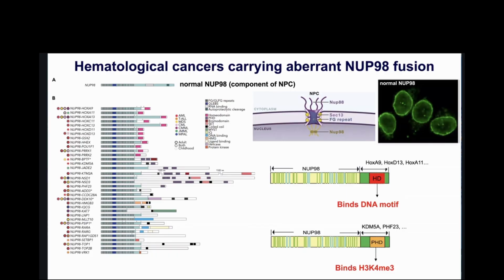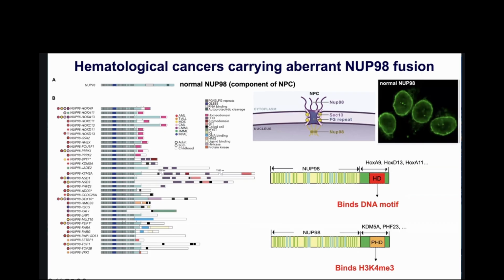And I haven't told you what this gene is about. For your background, normal NUP98 is a gene encoding a component of the so-called nuclear pore complex, NPC. As you know, NPCs are situated on the nuclear membrane.